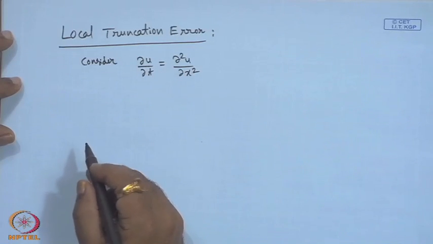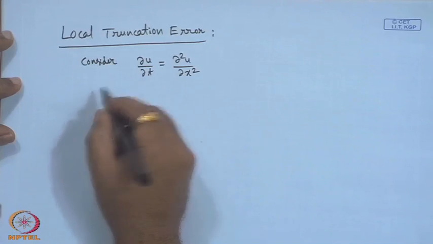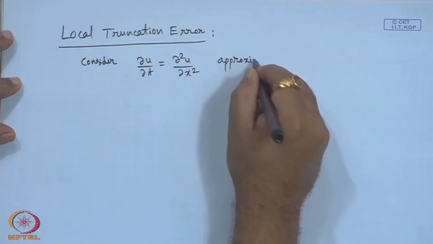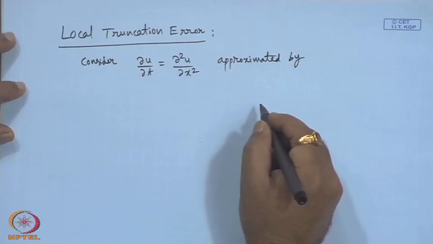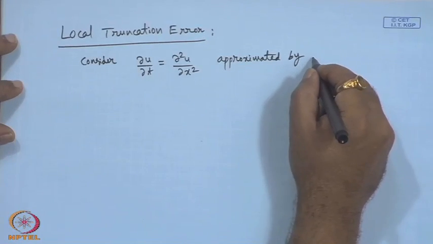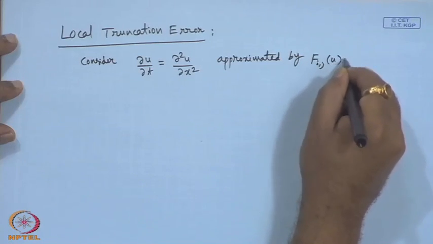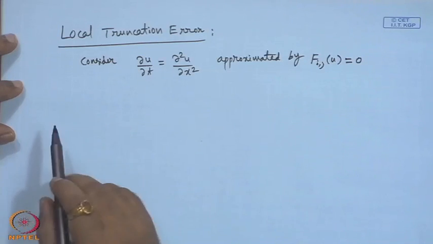Now let us say this has been approximated by F_ij u equals 0.